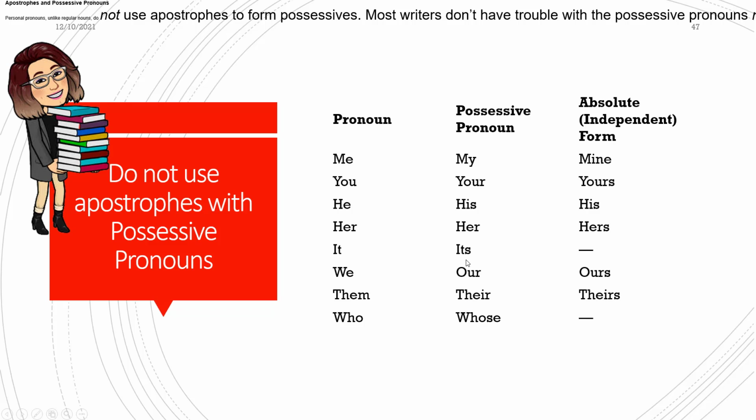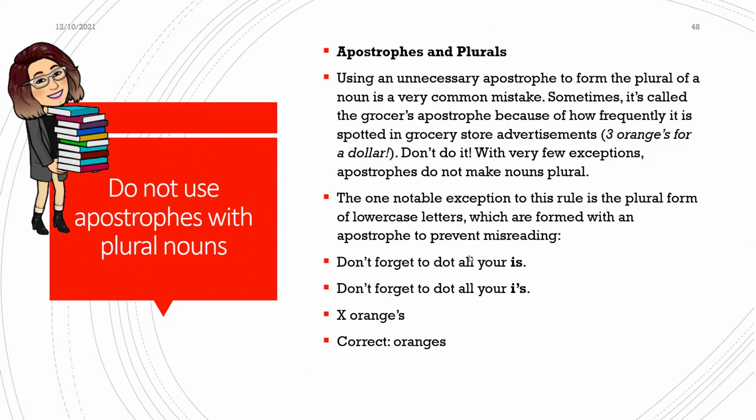Here you don't have an apostrophe S for a possessive pronoun. Do not use apostrophes with plural nouns. So 3 oranges, you don't need an apostrophe. Using an unnecessary apostrophe to form the plural of a noun is a very common mistake. Sometimes it's called the grocer's apostrophe because of how frequently it is spotted in grocery store adverts.